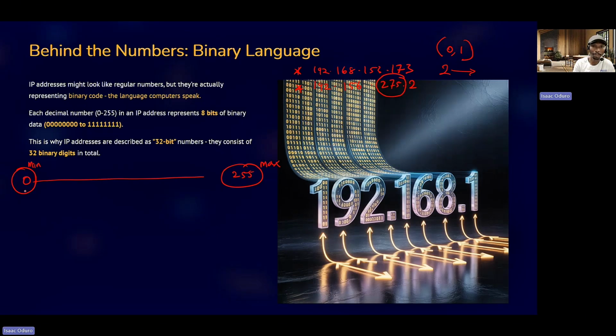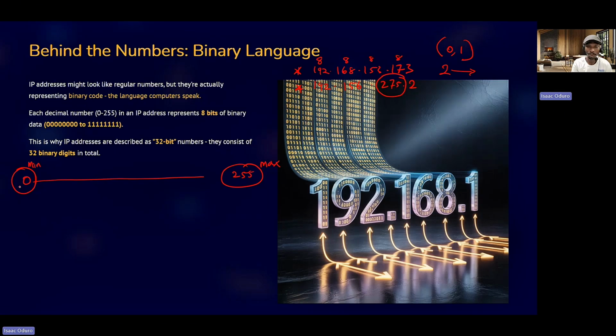Good. So now that you know the minimum and the maximum, how did we get this 255? That's what I'm going to explain to you now. As I said, the language that computers speak is binary, and binaries are our zeros and ones. So if you take every part of the IP address, as I've written here, this part contains 8 ones, 8 ones, 8 ones, 8 ones.